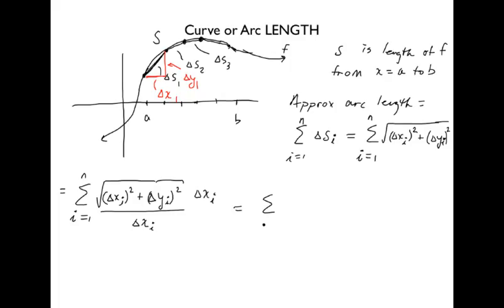So I'm going to move that in as delta x_i squared. And then what I'll get is delta x_i squared over delta x_i squared plus delta y_i squared divided by delta x_i squared, and that whole thing times delta x_i.